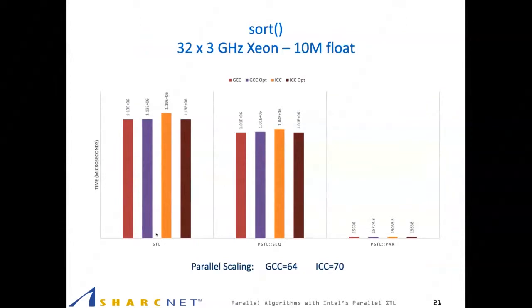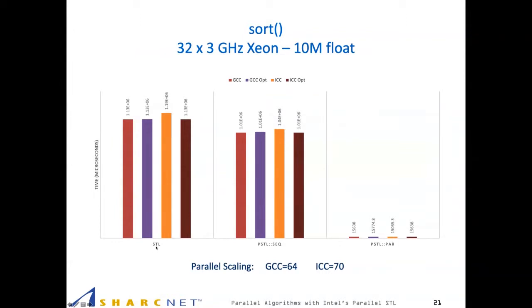So these are the results for the sort algorithm using both GCC and the Intel compiler. I used both the default -O3 and the optimized one for both GCC and ICC, and these are the results.